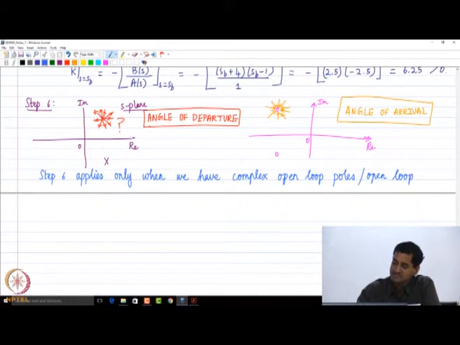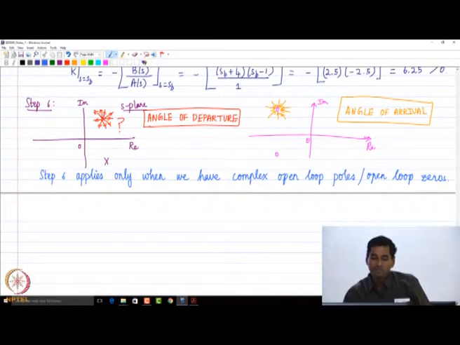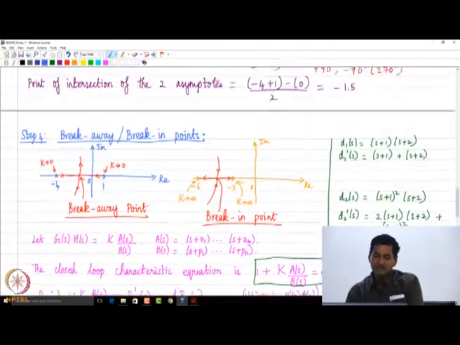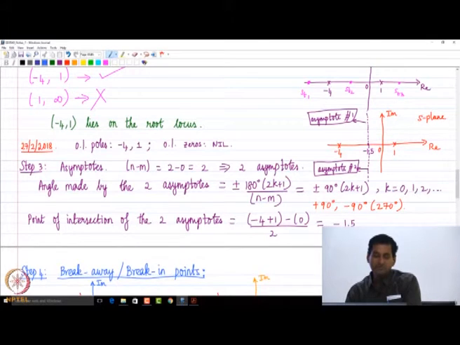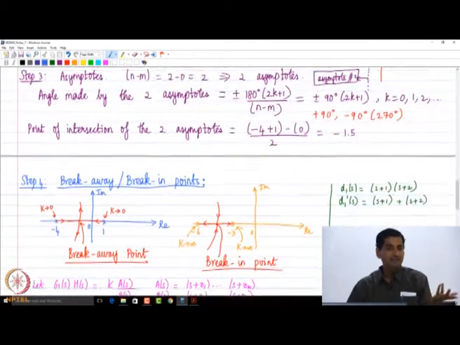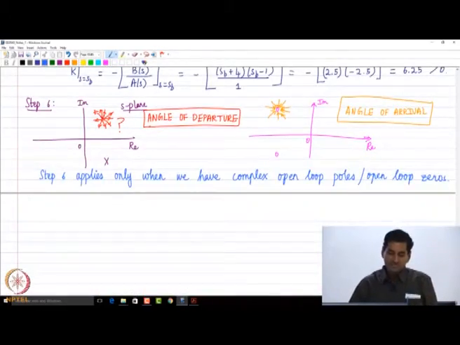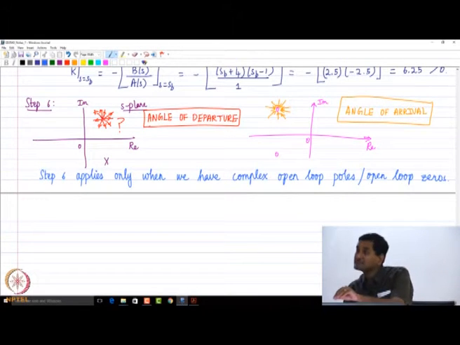Otherwise step 6 does not even apply, because the example that we are doing, please remember what the open loop poles and open loop zeros were. If you scroll up, the open loop poles were -4 and 1, open loop zeros were none. So, we only had real numbers as open loop poles. So, step 6 does not even apply for this particular example.